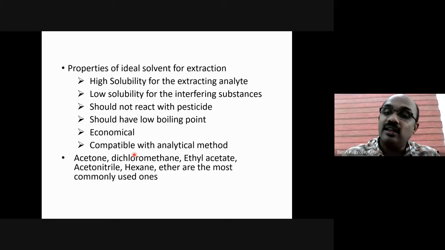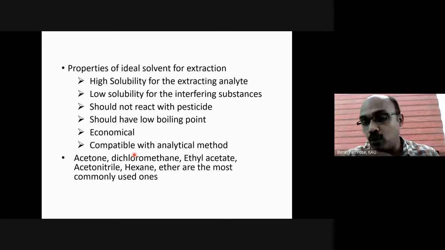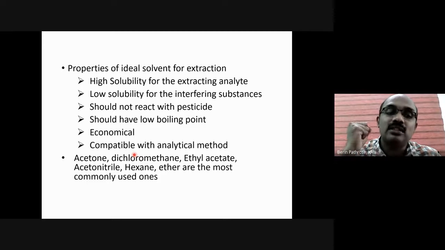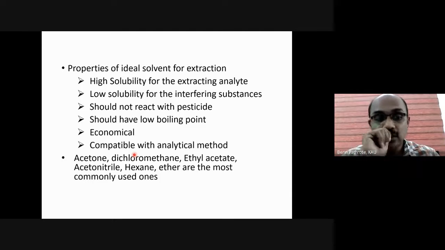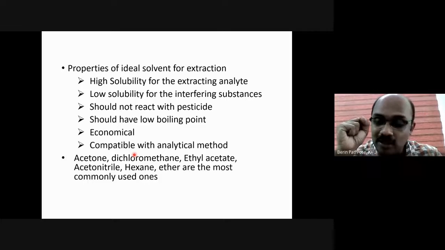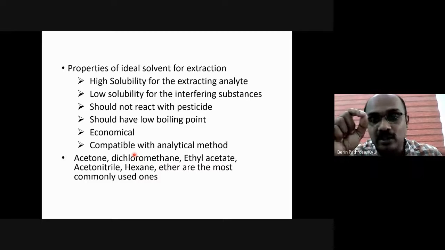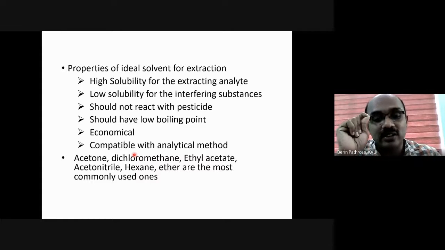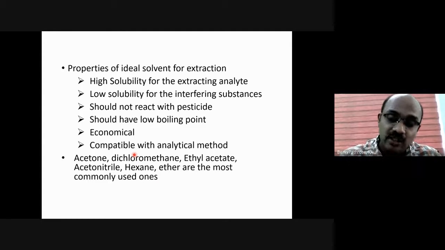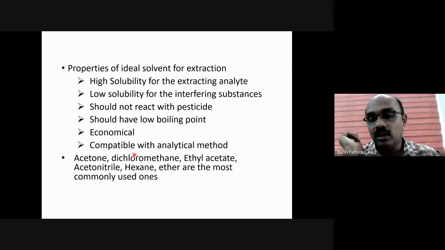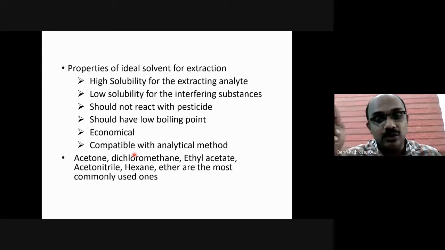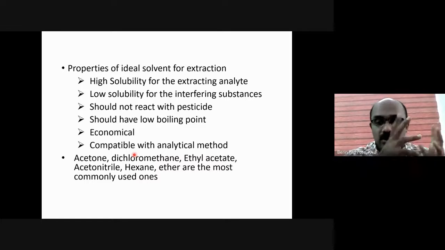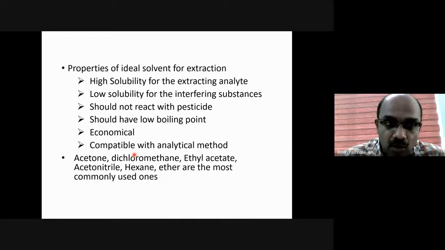And acetonitrile is a polar solvent. That means it solubilizes water-soluble pesticides. So, if you want to analyze a non-polar pesticide, then you should preferably use a non-polar solvent such as hexane. If you're trying to analyze a polar chemical, then you should use a polar solvent such as acetonitrile. So, depending upon the solubility, you have to choose the solvent.